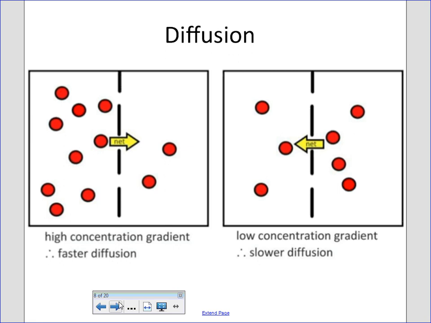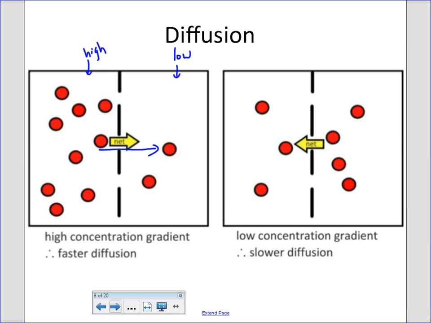As the diagram shows, if you have a high concentration on one side of the membrane and a lower concentration on another, the overall movement of these particles is going to be from an area of high concentration to an area of low concentration.